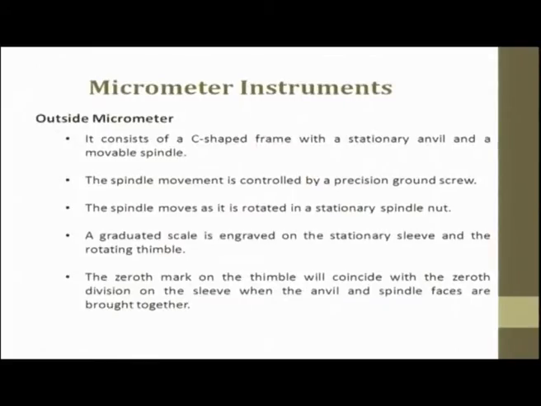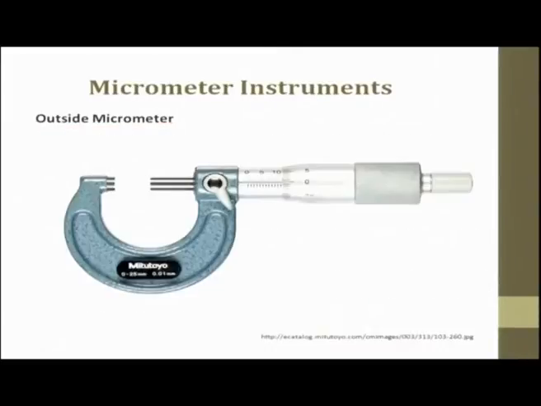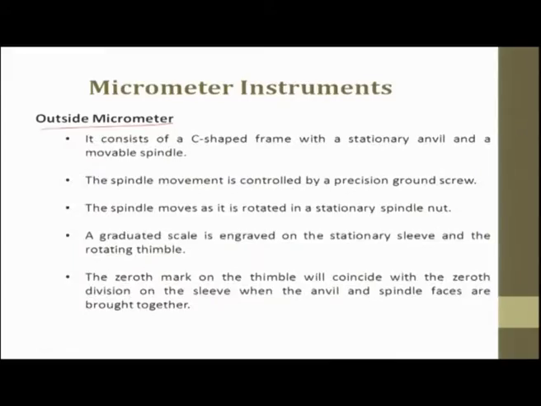So, next we will move to the outside micrometer. The outside micrometer consists of a C frame with stationary anvil. This is the outside micrometer, or people call it a screw gauge. Here it is 0 to 25, and this is the least count they have given.